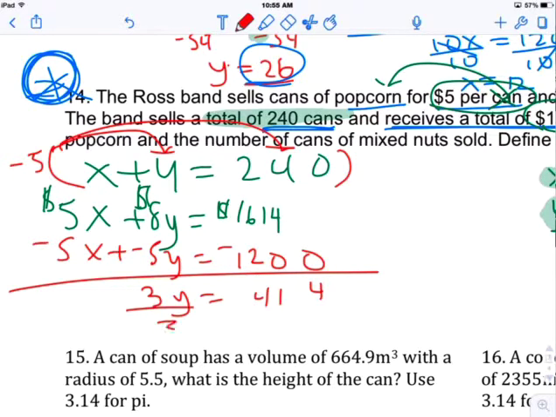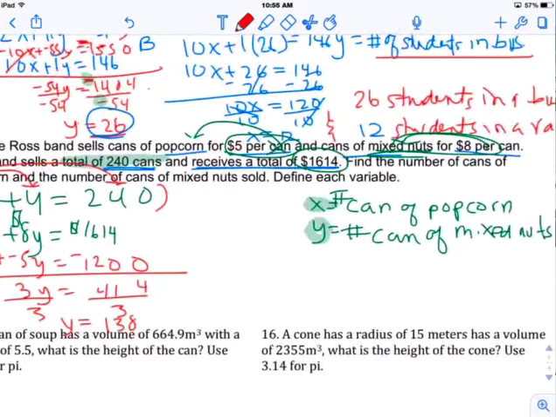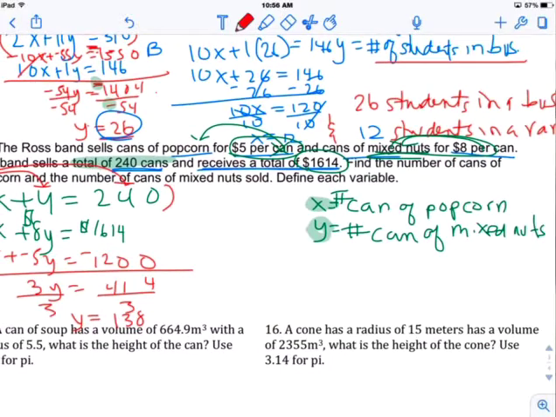Divide by 3, divide by 3. 414 divided by 3, you get y equals 138. Y is the number of cans of mixed nuts.